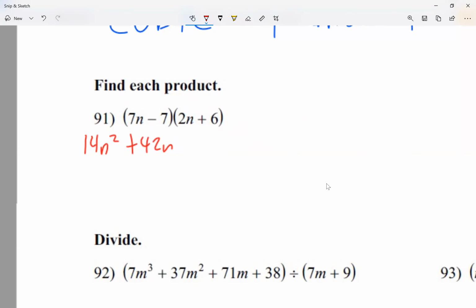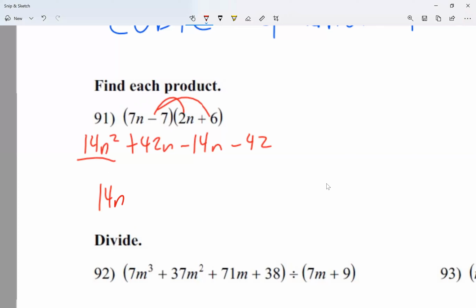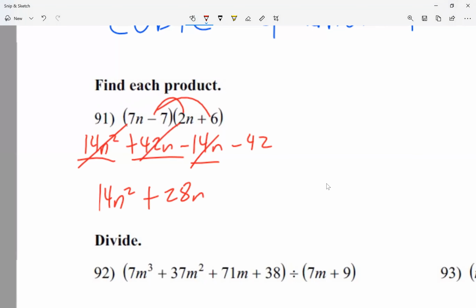Now let me distribute the negative 7. Negative 7 times 2n is a negative 14n, and a negative 7 times 6 is a negative 42. Combine your like terms. When it comes to highest exponent, we have 14n squared. Let me cross it out. 42n minus 14n is going to give me plus 28n. Let me cross it out. And then a minus 42 at the end.